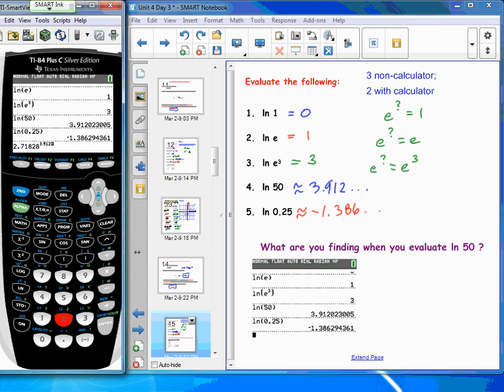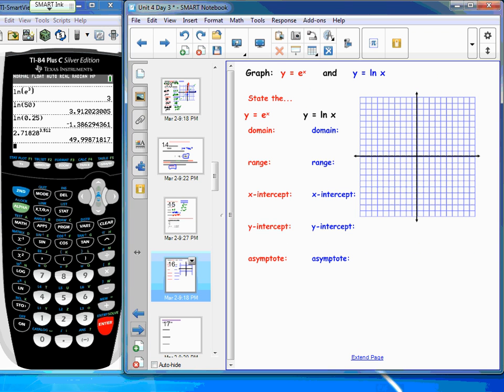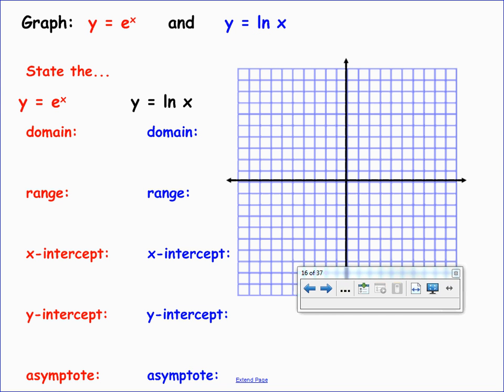So if we did this exponent question correctly in our head, this should be about 50. Let's see. 49.99878. So we got pretty close, right? So that's what it's asking. Good, thank you.